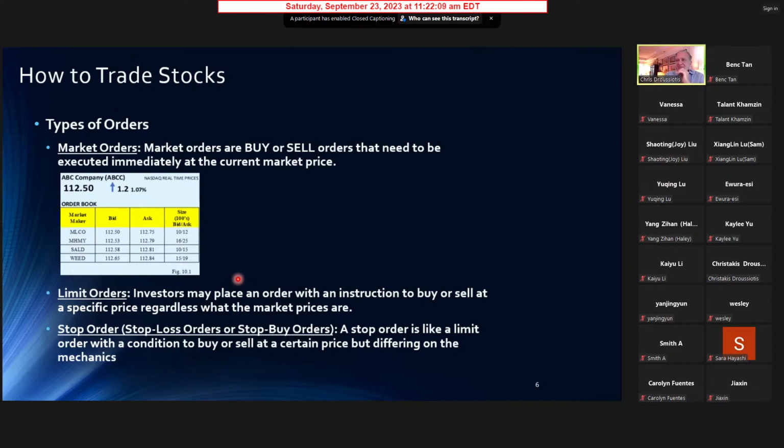Those are different from limit orders because you're giving instructions for when the stock gets there. When the stock gets triggered based on your instructions, your order goes in as a market order. You're never going to get exactly the price that you specified. You just trigger on the price when the stock drops, for example, and you want to sell or buy. That's basically the stop loss order, okay?